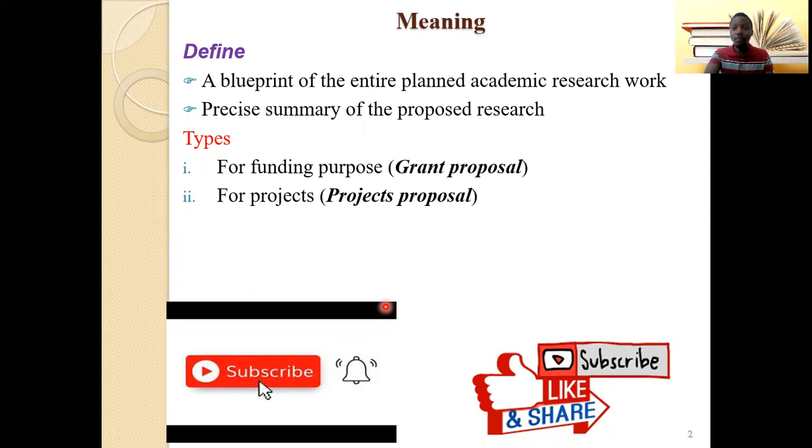These are normally proposals designed to perform a particular project: to achieve this project, I should do 1, 2, 3, 4 in this particular format, and these are the way forward. And then we are more focused on the academic-related proposal, which we call the academic proposal. And there are more types.